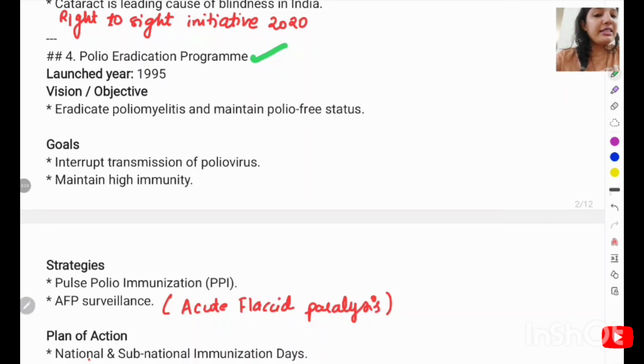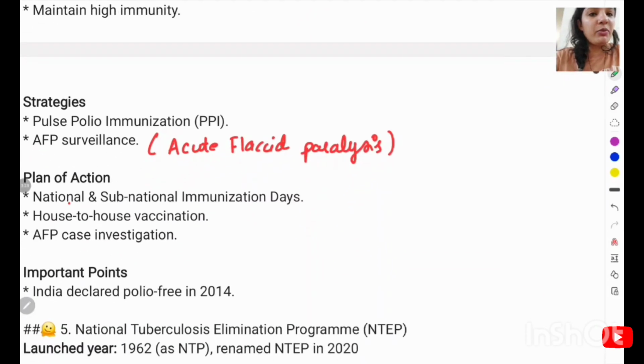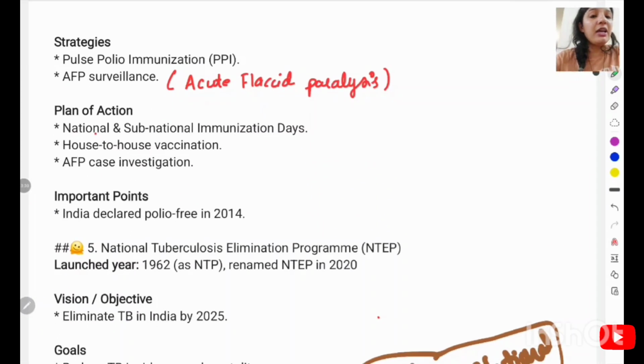What is our strategy? Pulse polio immunization is there, where massive polio immunization is given. And you know nowadays also, when a baby or child is given the polio OPV vaccine, an X mark is given on their finger, so that we can know this person is immunized.